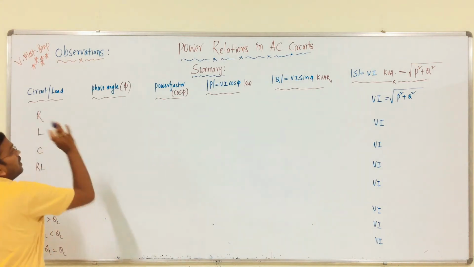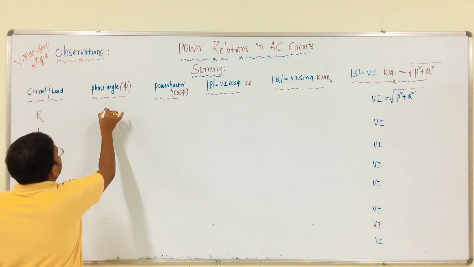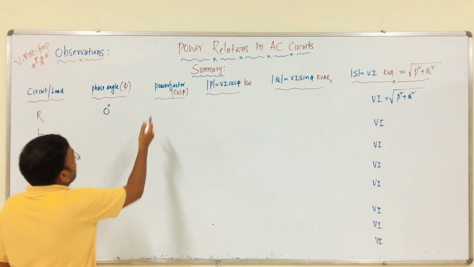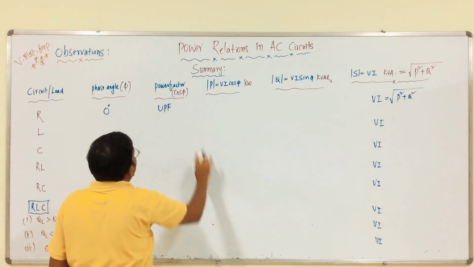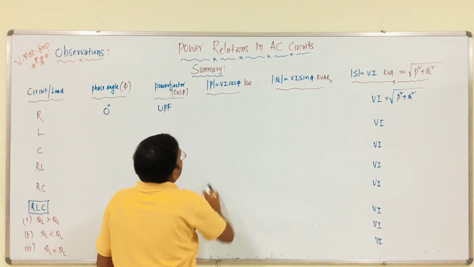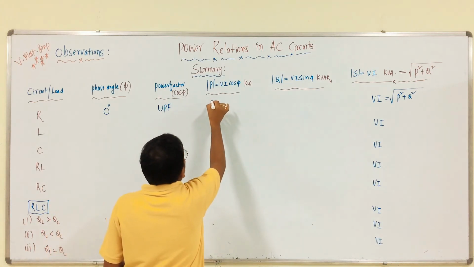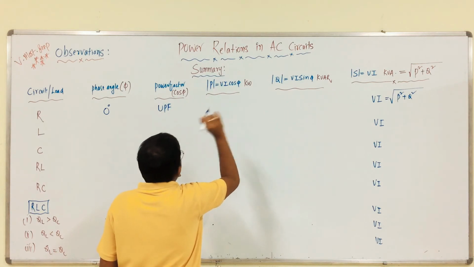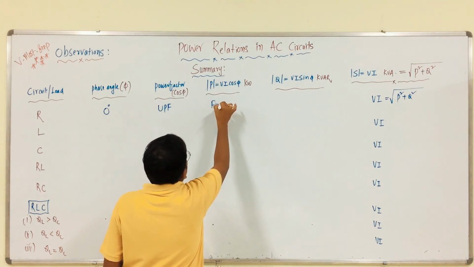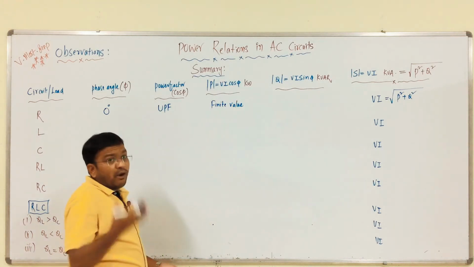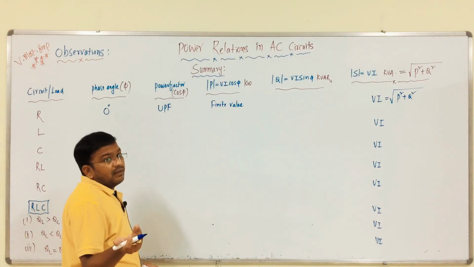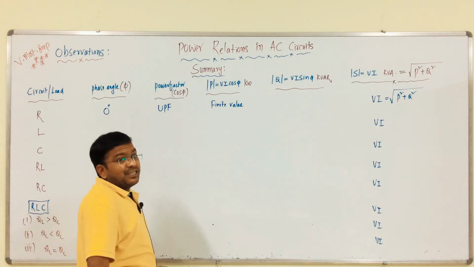Next, phase angle. In case of pure resistive load, what is the phase angle? 0 degrees. What is the power factor? UPF, unity power factor. You have to write like that. P is equal to VI cos phi, which is nothing but a finite value. Finite value means you have to calculate the value; there is a value of active power.